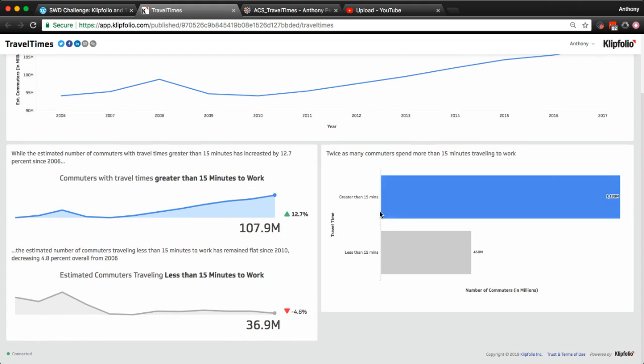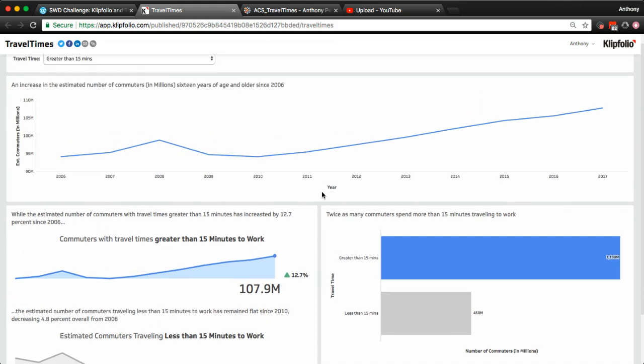The emphasis from a coloring perspective is more on the blue, because this is focusing on that subgroup with greater than 15 minutes commute times. And you can see how those numbers compare. And then there's an indicator to show that that's been increasing, to corroborate what you see in the spark line here, as well as here, and then some text here and here to support that message.